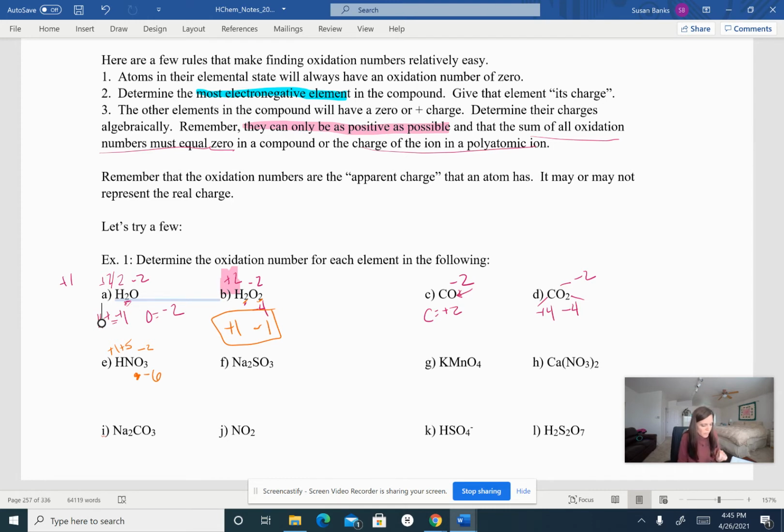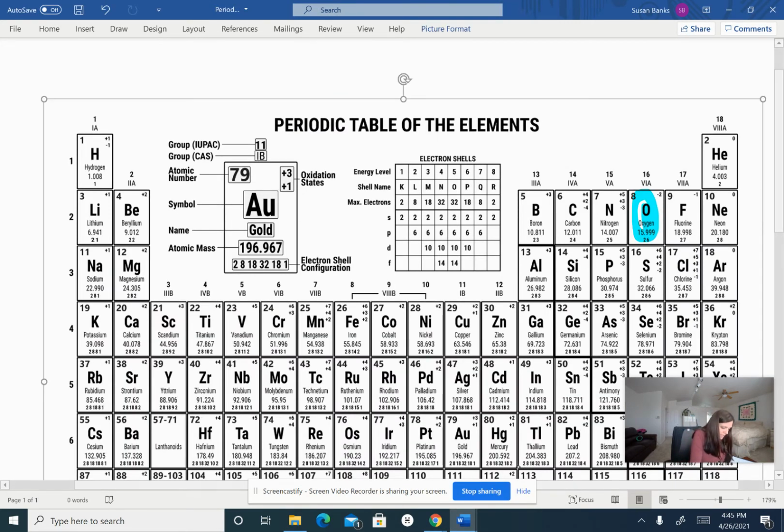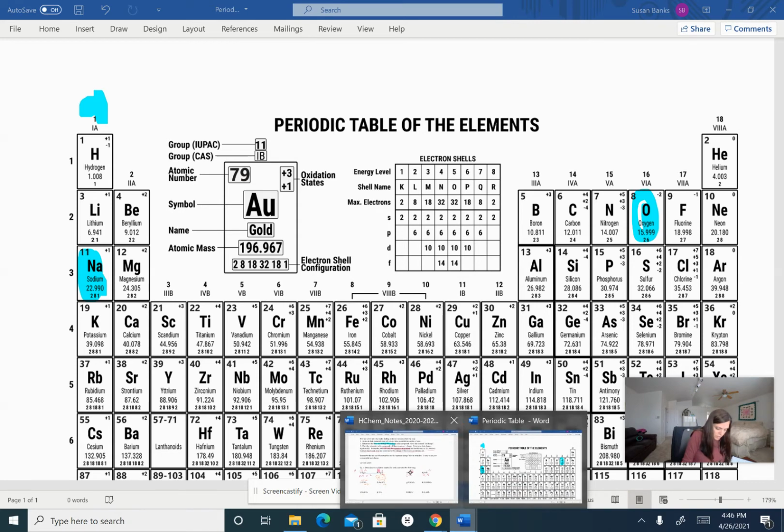Now let's look at sodium sulfite. Oxygen, once again, is a -2. -2 times 3 gives me a grand total of -6. Sodium is in the very first column on the periodic table, so it has a charge of +1. We're going to assign sodium a charge of +1.